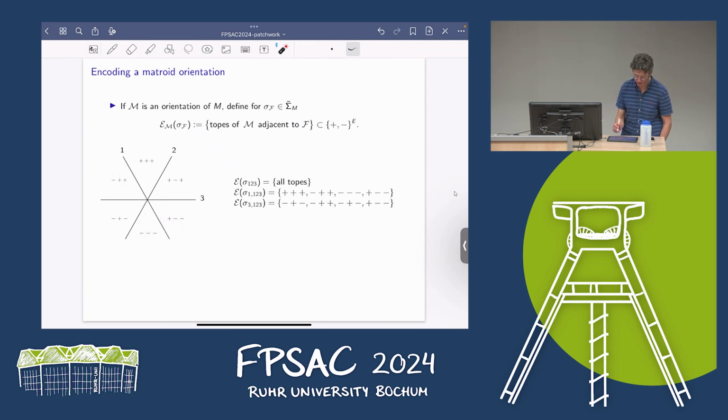And for 3 and 1 2 3, we would get these 4. Literally, if you look at the corresponding pseudo-hyperplane arrangement, it means it has to touch that flat. So the tope is a maximal codimension cell. It means it has to have a face of the cell which is contained in the subspace given by the flat.